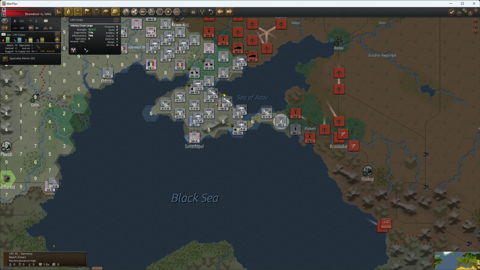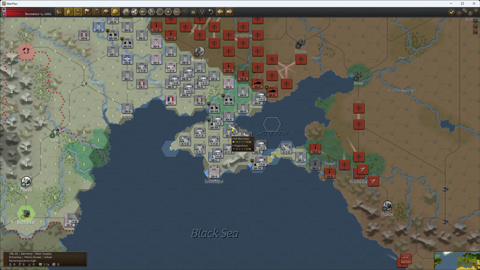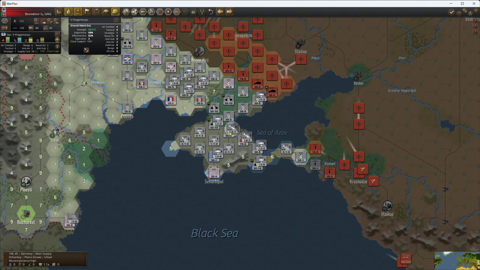So I'll go moving some of my Air Force around here. Unfortunately, there's no good bases here. Might as well leave them where they are for the moment.